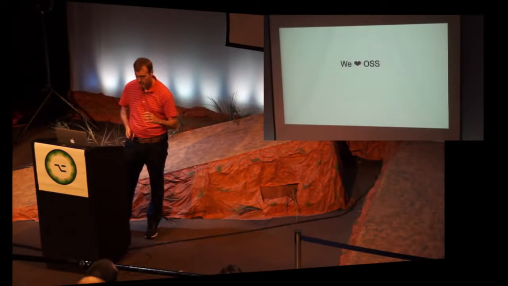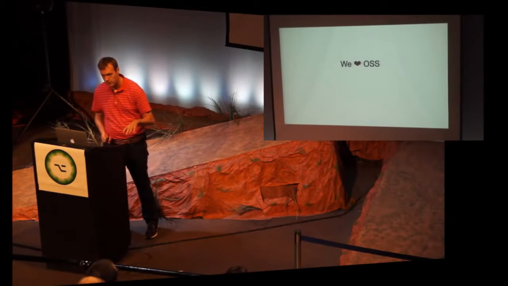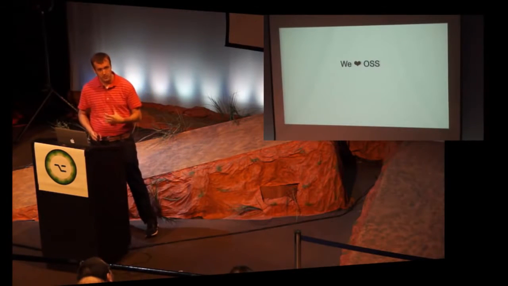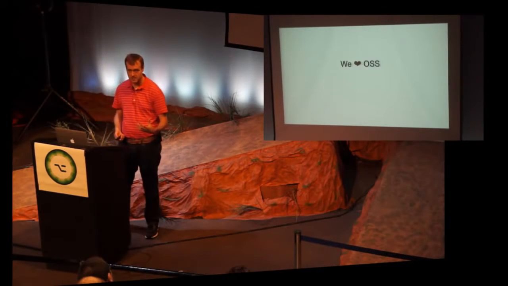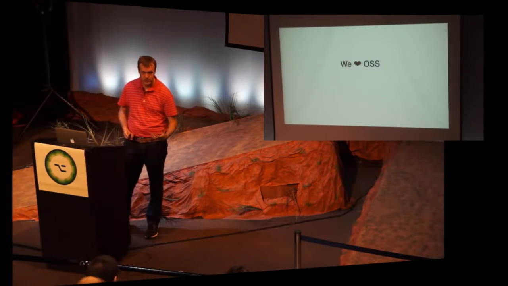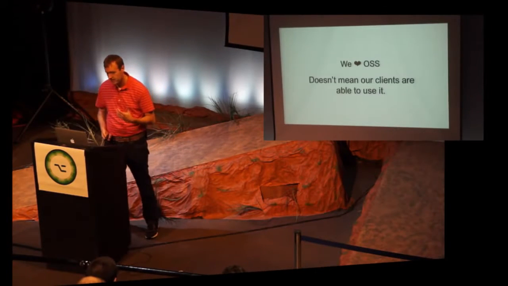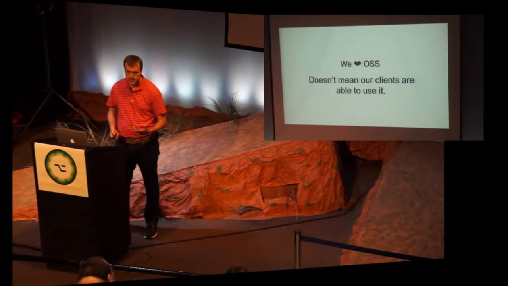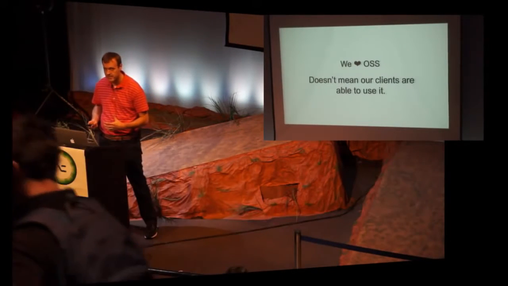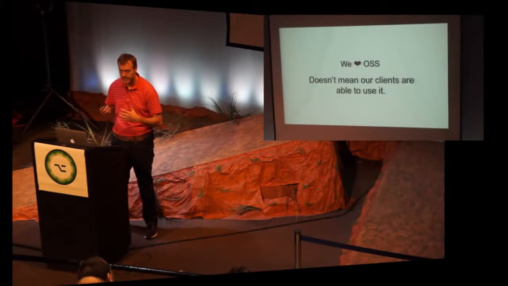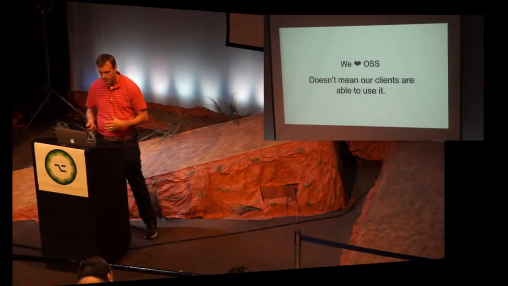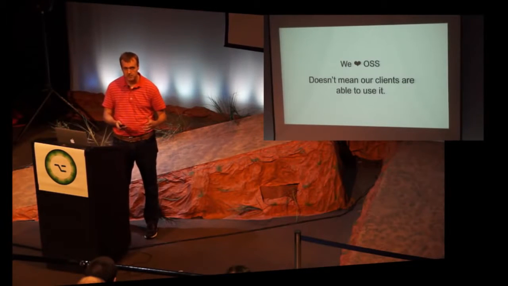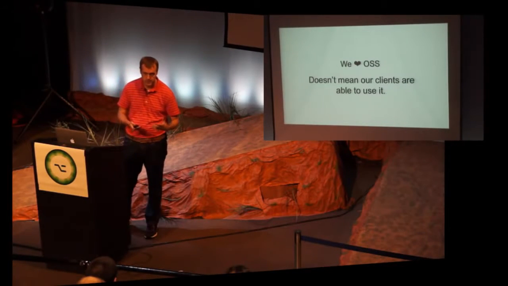But just because we've open sourced our internal projects, and our internal guys are contributing and building our own applications, that doesn't necessarily mean that our clients are going to be able to use it. We're used to the mindset of, we have a project that we built, we're excited about it, we want somebody else to use it, but sometimes we have customers that can't use it.